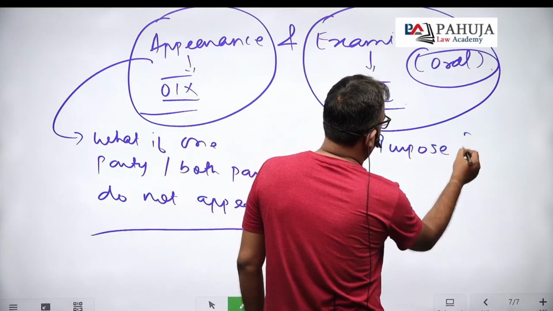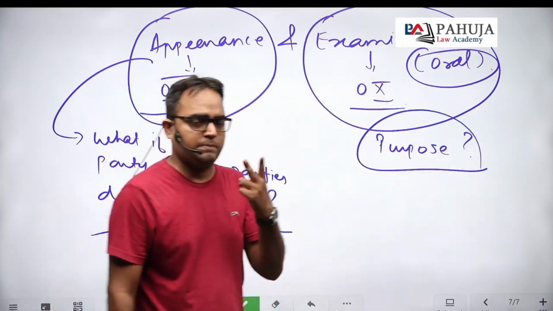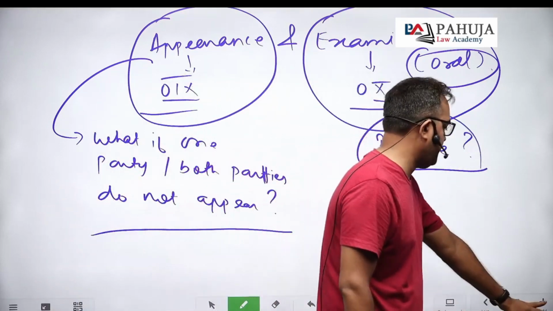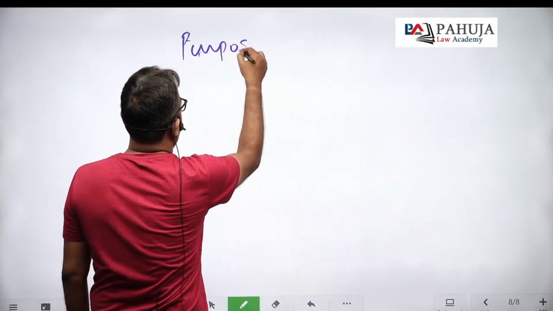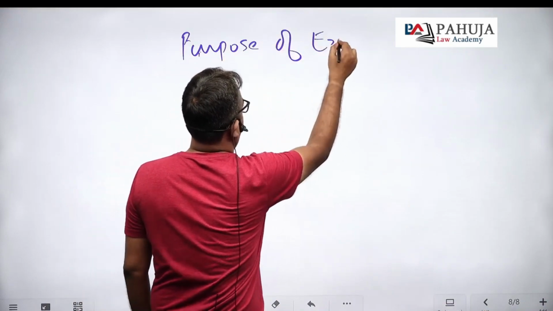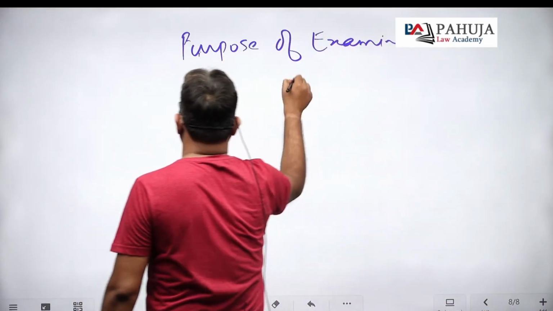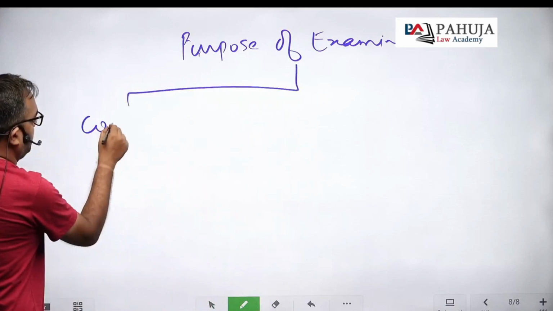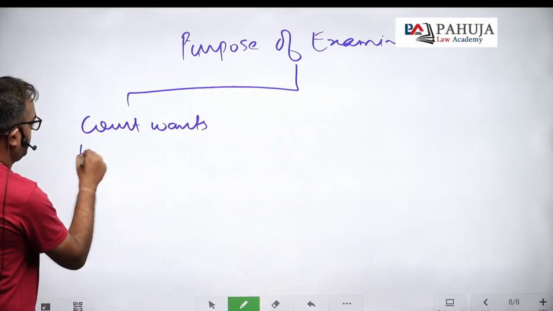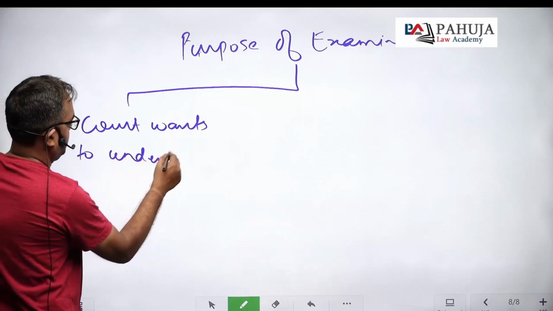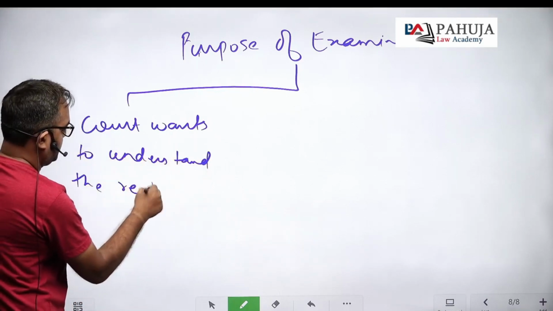What is the purpose of this examination? The purpose is actually a dual purpose. दो purpose होते हैं इसके. The first purpose, देखो, purpose of examination. Two purpose. The court wants to understand the real nature of the dispute.